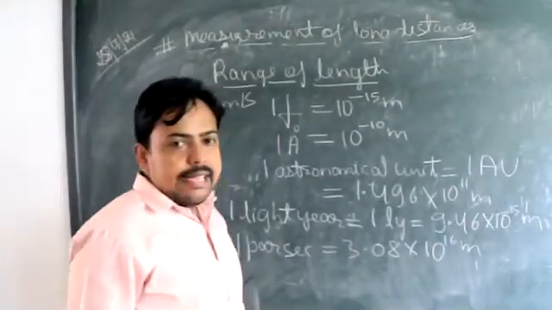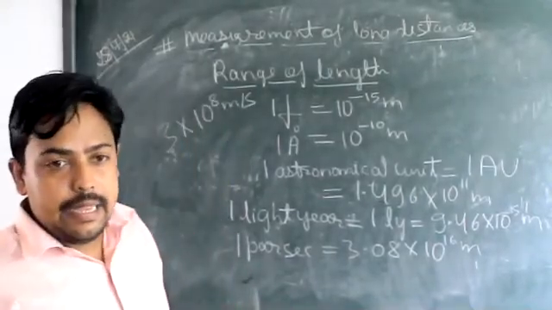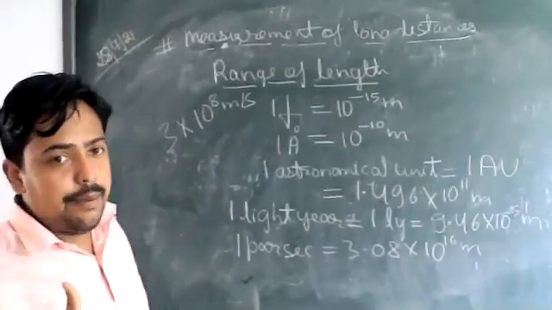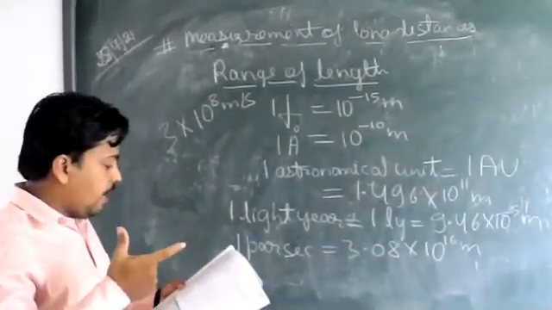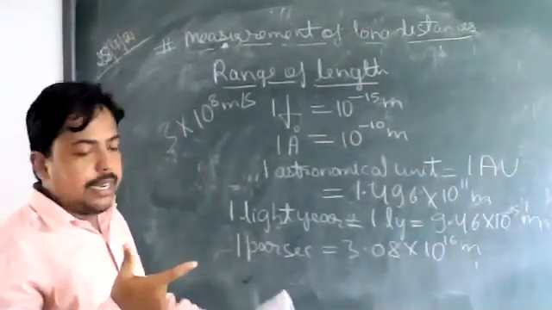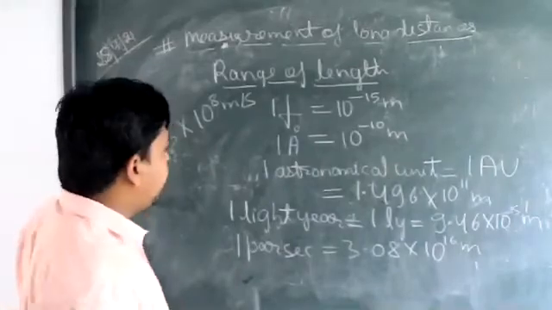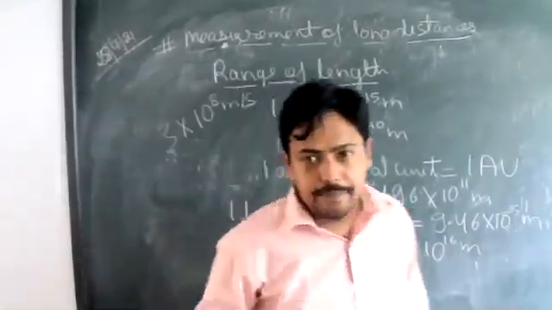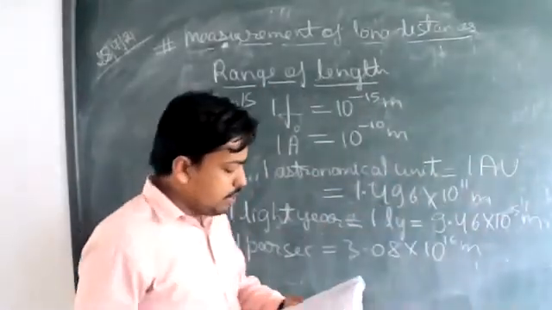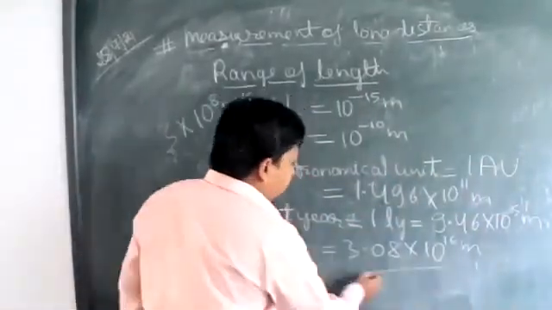It is defined as the distance at which the radius of Earth's orbit subtends an angle of 1 arc second. So sometimes 1 parsec is also denoted like this.